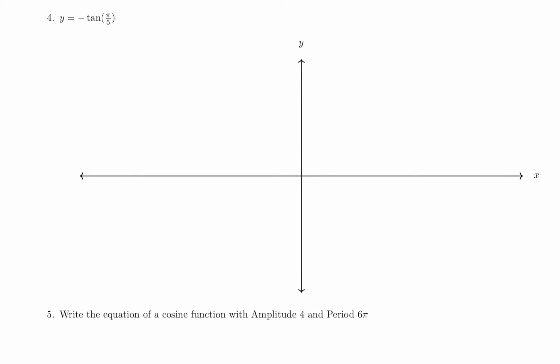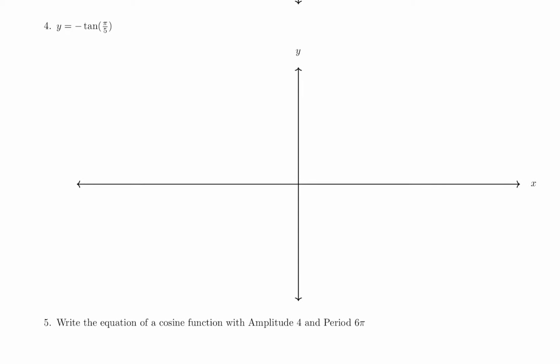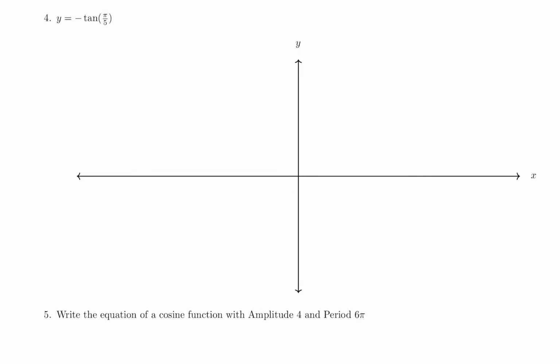For the tangent graph, the first thing you have to remember is that the graph has a shape like this, and there are vertical asymptotes, repeating. That's the important thing to remember. We're going to find the domain for these problems.